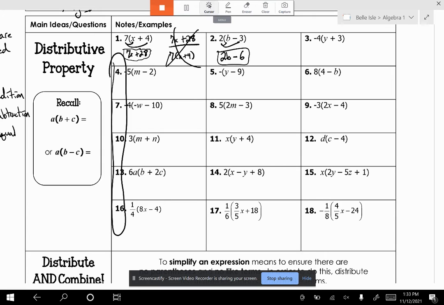But wait, it's negative 5 and negative 2. Negatives make a positive. You went to like 5th grade. I thought it was 5th grade.